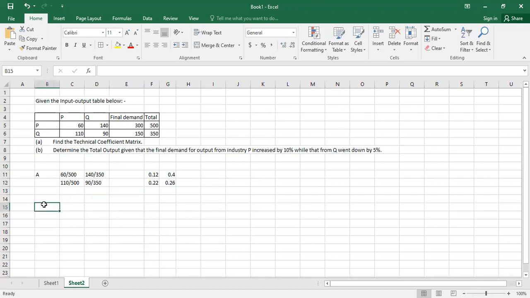And the Leontief matrix is the identity matrix I minus A. To get the identity matrix, I'm looking for a situation where I'm going to have 1, 0, 0, 1. That's the identity matrix. I subtract this matrix.